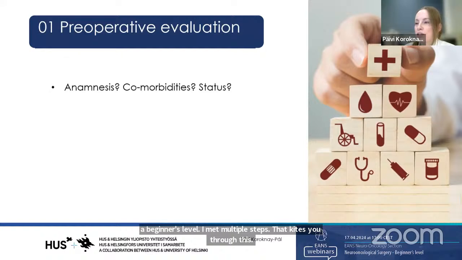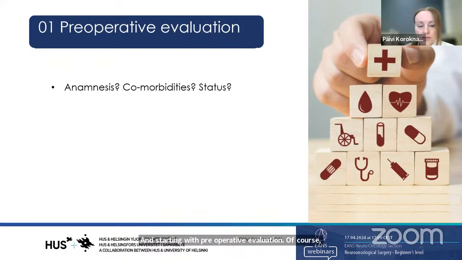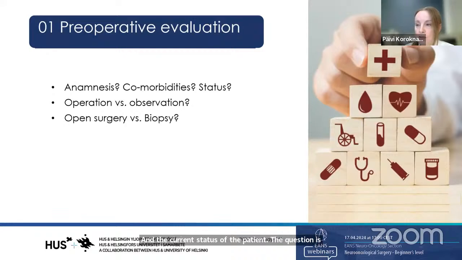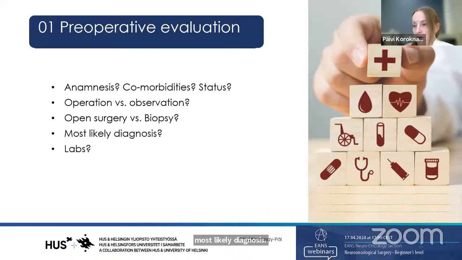Of course, we first need to know the history of the patient and the current status of the patient. The question is whether we should operate or can we just observe. What kind of surgery do we need? Is it open surgery? Is it biopsy? And we need to have a hint what is the most likely diagnosis, because we need to know whether we have enough labs or other examinations.